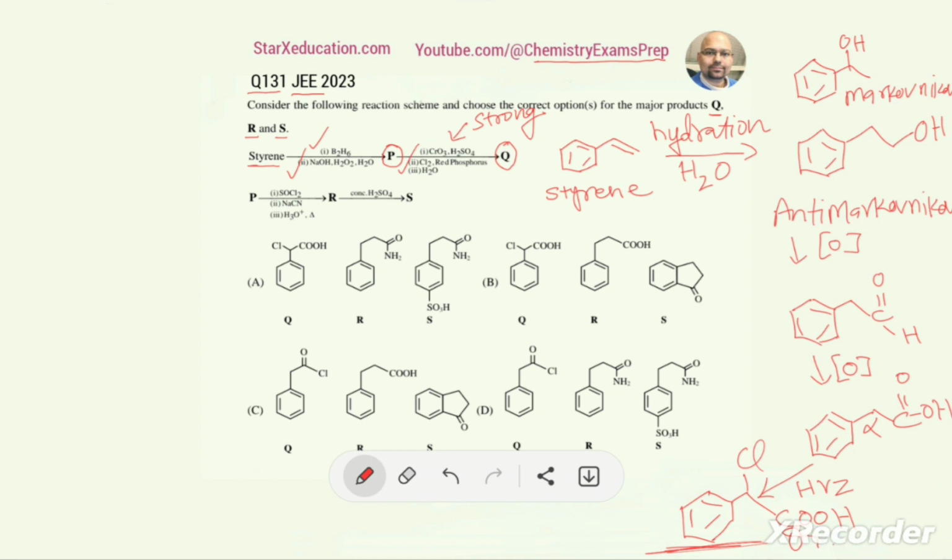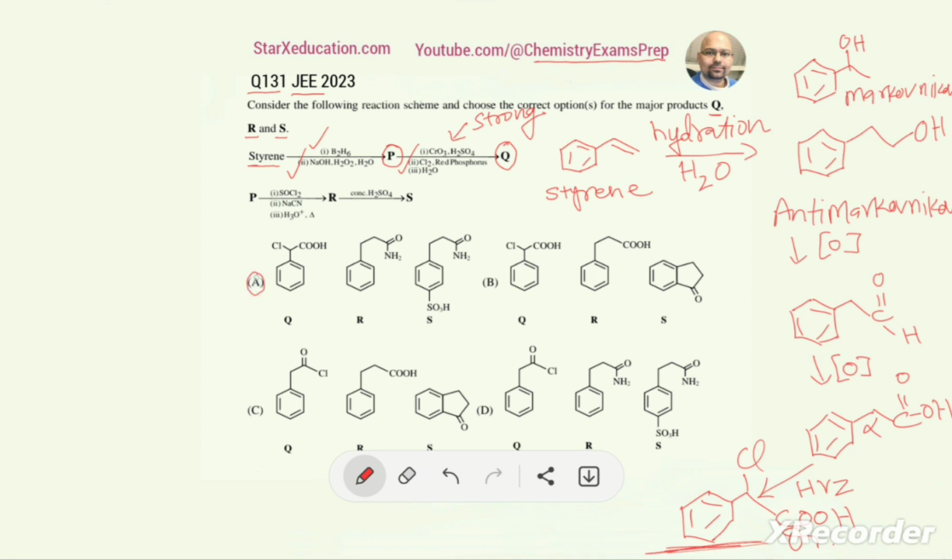So now we can see the choices here, and at this point it would help us to eliminate some choices so that we can answer this question quickly, because time is of essence in the exam. So you have to finish a very lengthy exam. So let's see the choices here. Any choice, we have 4 choices, A, B, C and D, which does not have this as our compound Q, we can eliminate those choices.